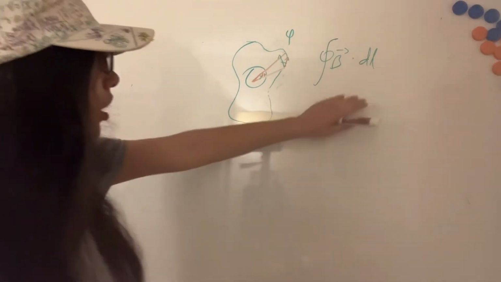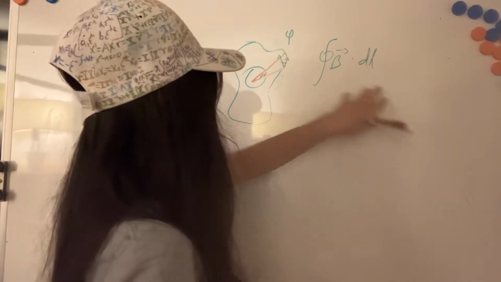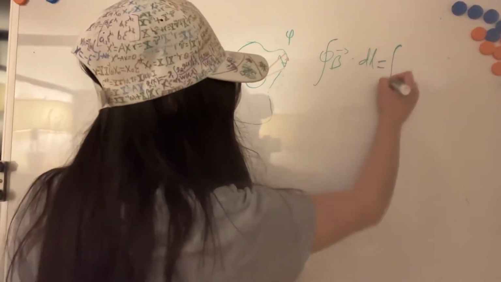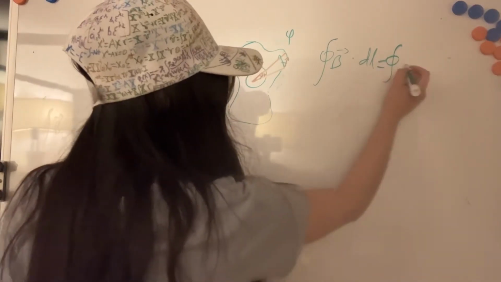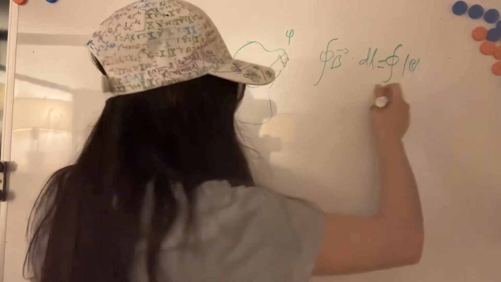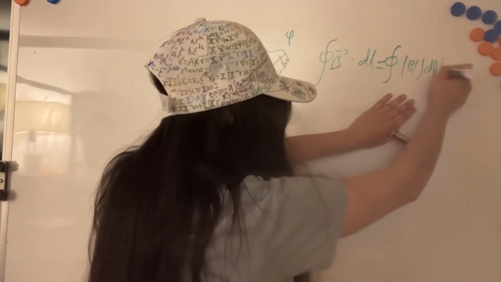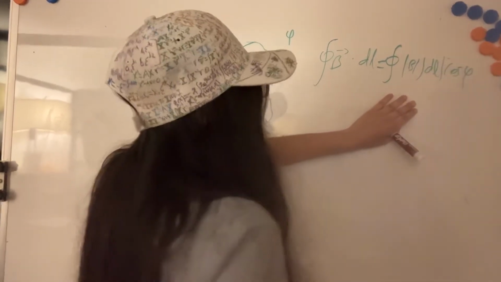So here we have B dot dl, and the closed loop integral of this is the closed loop integral of the magnitude of the magnetic field times the magnitude of dl cosine of phi.